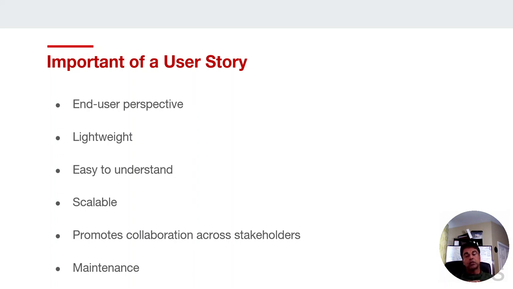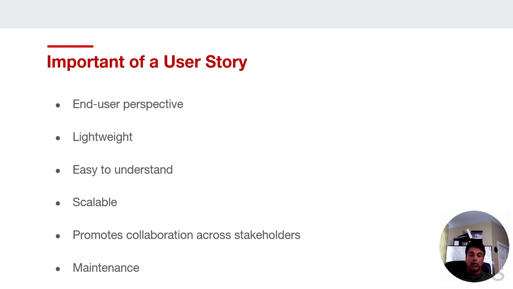Promotes collaboration across stakeholders. So by that, what I mean is your story is not basically an end result, meaning you write a story, but the objective is to have a discussion along with other stakeholders. Collaborate with other stakeholders. It can be product owner, it can be your other extended business stakeholders, your technical team members.